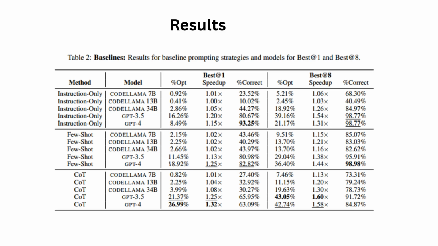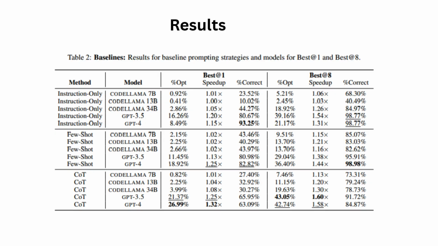Let's start with the results for prompting, shown in Table 2. The authors compare 3 prompting strategies: instruction-only prompting, standard few-shot prompting, and chain of thought prompting. One surprising finding is that standard few-shot prompting often performs similarly to, or even worse than, simple instruction-only prompting.